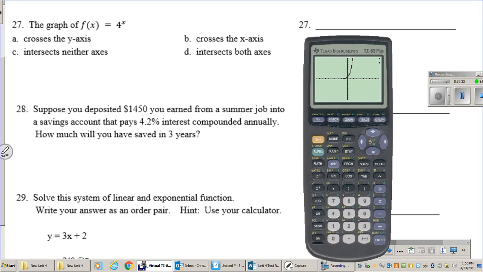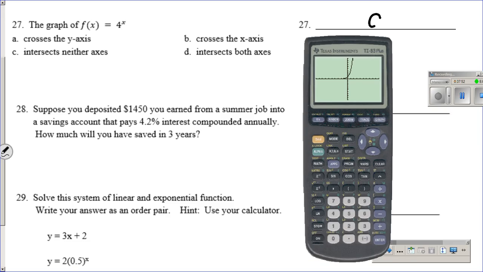Give that just a moment to graph, and you can tell that the function actually only intersects the y-axis. Remember, it looks like it comes down and intersects the x-axis, but because there is a horizontal asymptote there, it's like a wall, the function never actually equals 0. So the correct answer is going to be answer choice A.